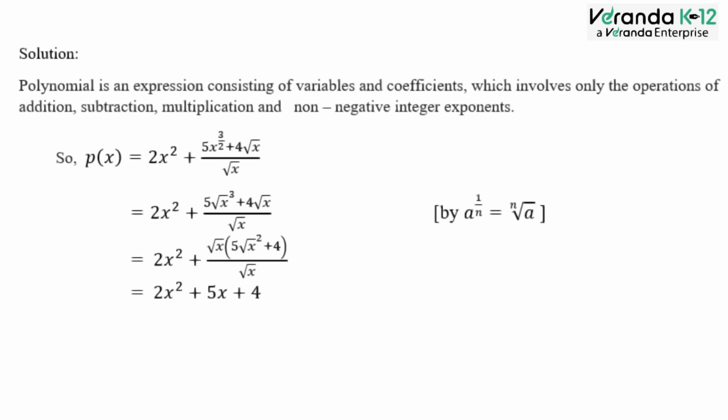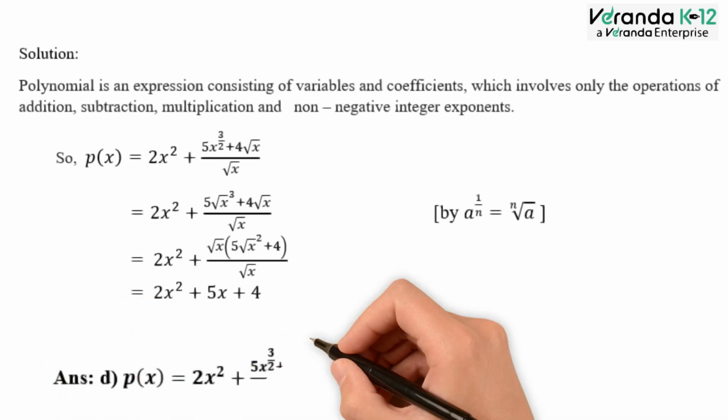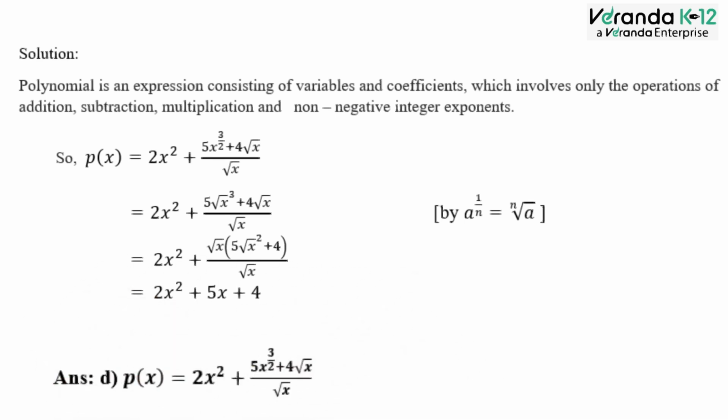Here, by the law of exponent, a power 1 by n is equal to nth root of a, we can write the second part as 5 into root x cube plus 4 root x by root x. So if we take root x common out, we get the expression as 2x squared plus 5x plus 4, which is a polynomial. So our answer is option D, P of x.